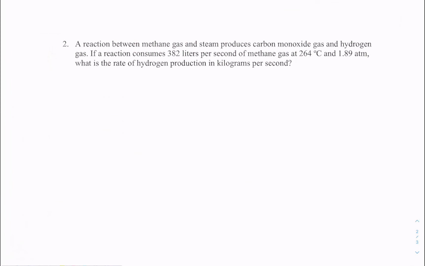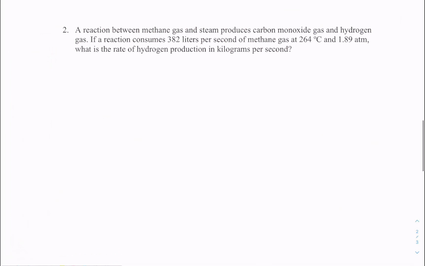If a reaction consumes 382 liters per second of methane gas at 264 degrees C and 1.89 atmospheres, what is the rate of hydrogen production in kilograms per second? This is the kind of question I would put on the final for Chem 20. So where do you start with a problem like this?